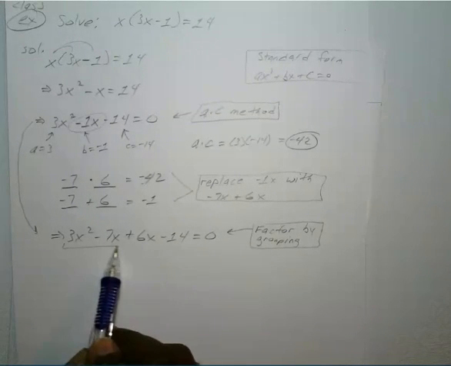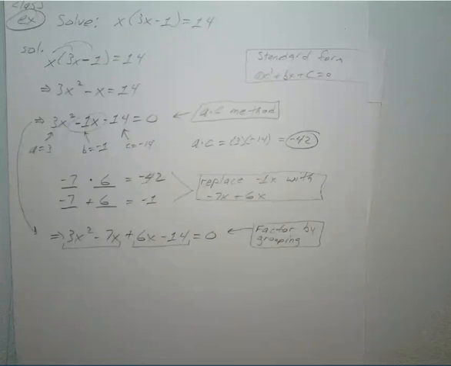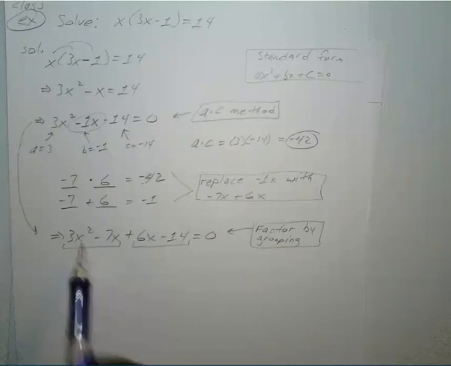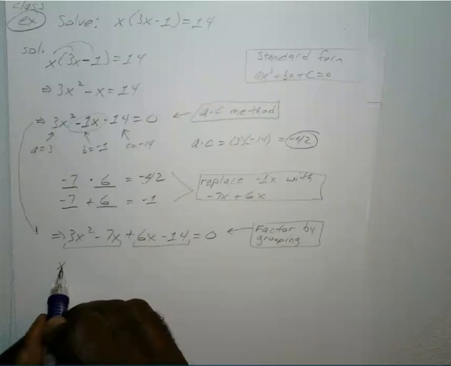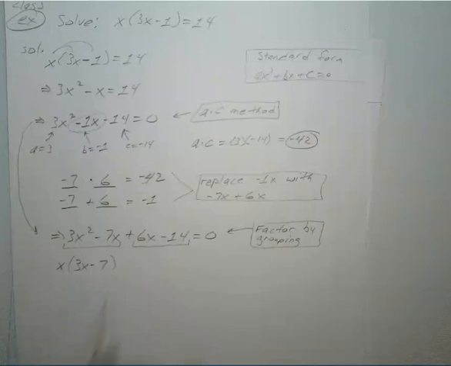Okay, so if we factor by grouping, we take those 4 terms and break them down into 2 smaller groups. Okay, so for this group, we can factor out an x. So we have x, which leaves us with 3x minus 7.